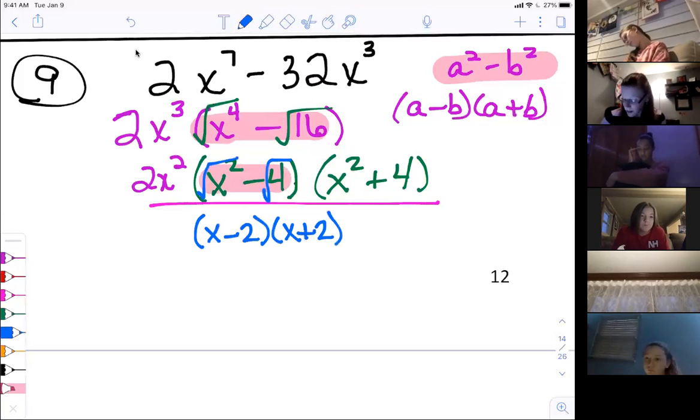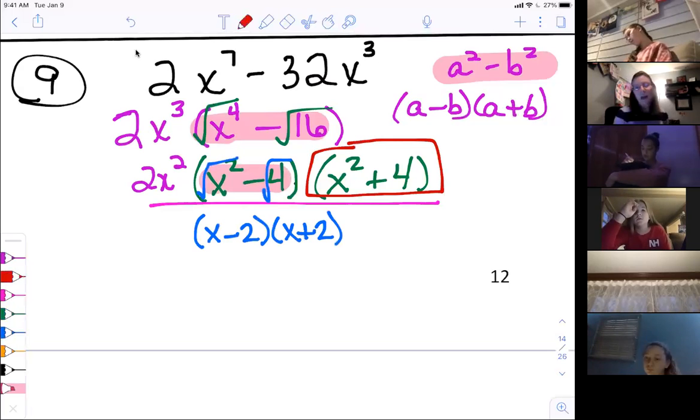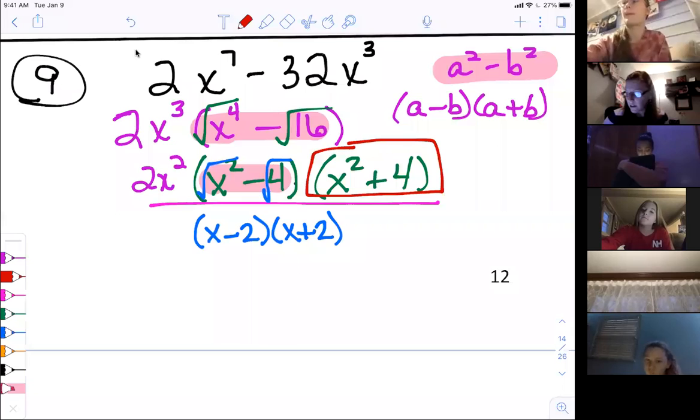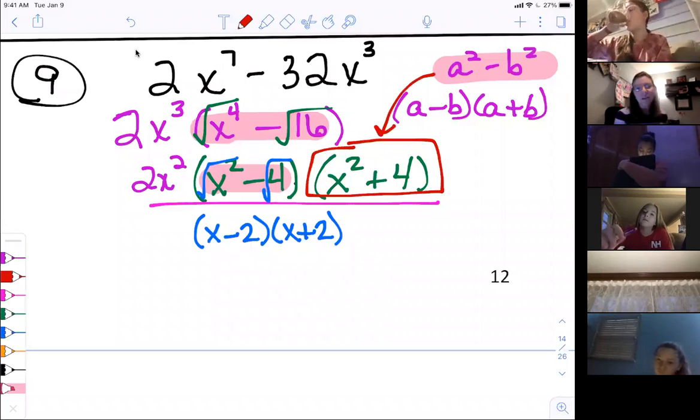However, the one next to it says x squared plus 4. If I look at my pattern, the pattern says a squared minus b squared.